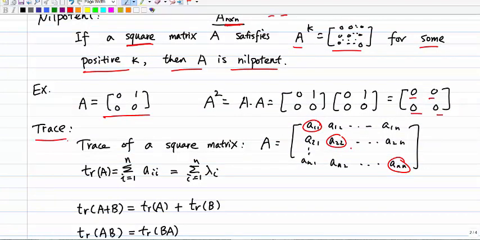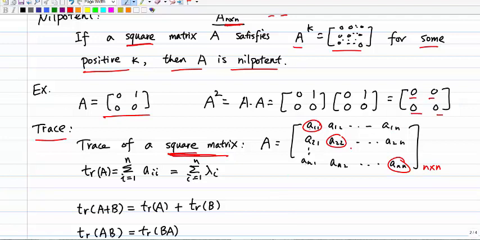The trace of a square matrix is given by the sum of the diagonal entries. What are diagonal entries? Let me talk about a square matrix. A is typically given by a11, a12, and so on, with size n by n, so you have n rows and n columns.